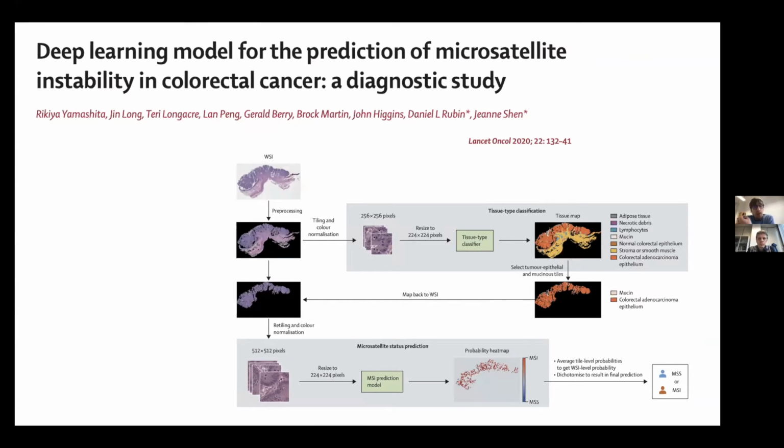And also from a biological point of view, it's very fascinating that by using some maybe not so evident morphological features, in this case the presence of a mucinous component, and other characteristics that the pathologist will not be able to recognize, you can get an estimation of the hidden molecular profile. So this is where the research is going, and I think it's very interesting for the next few years.